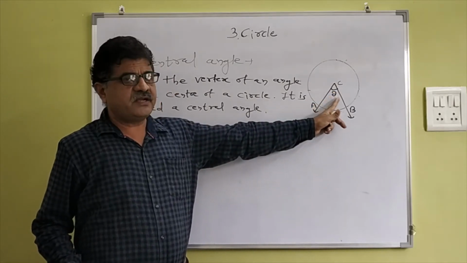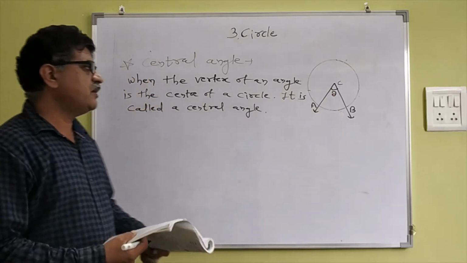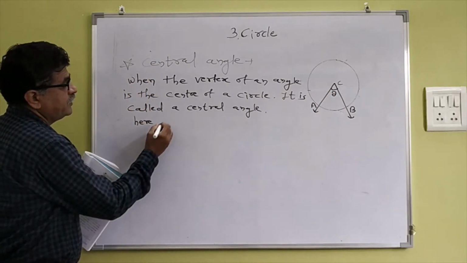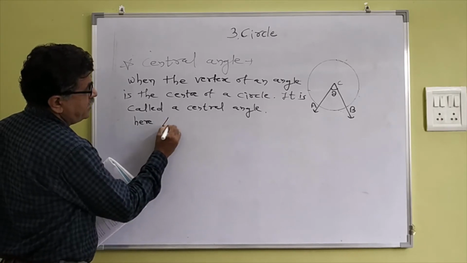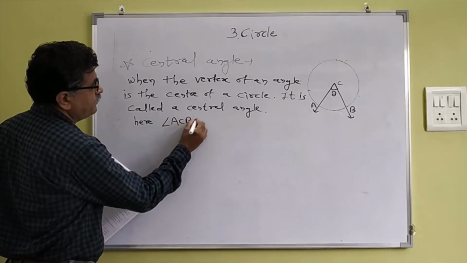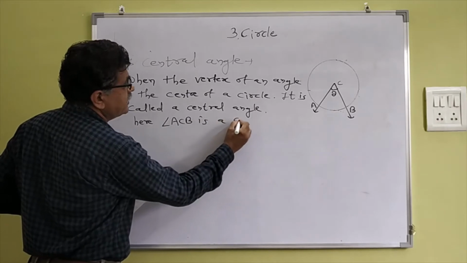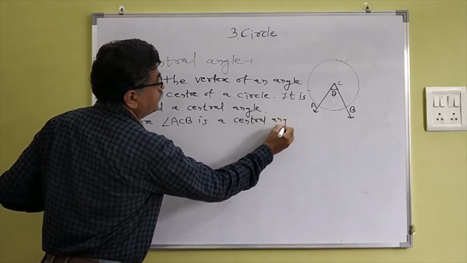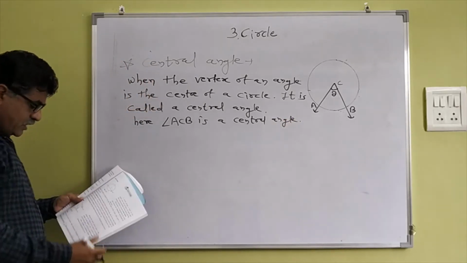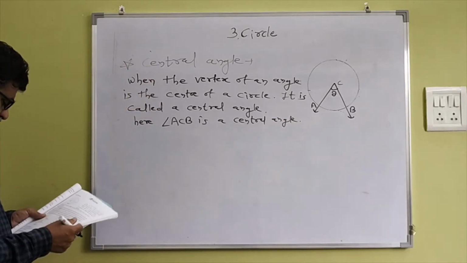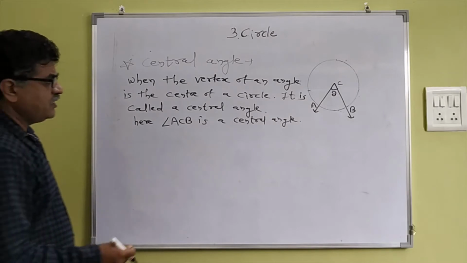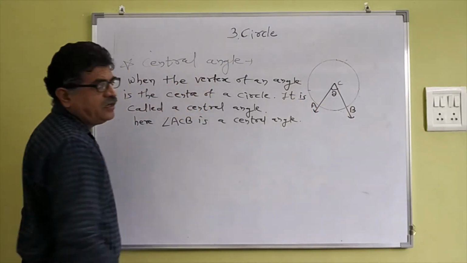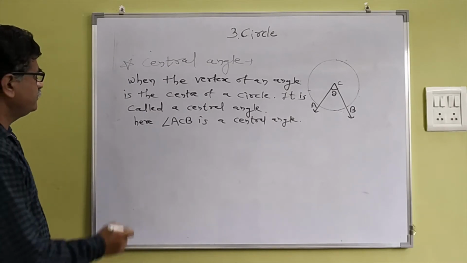The value of this central angle is theta. Angle ACB is a central angle. Now here also, this central angle divides this circle in two parts.